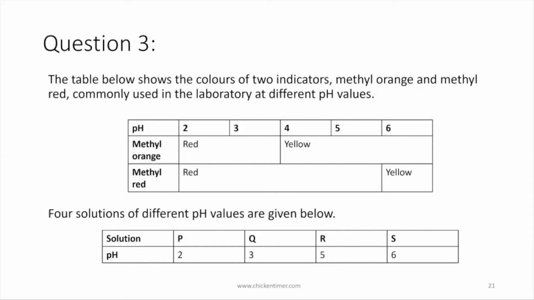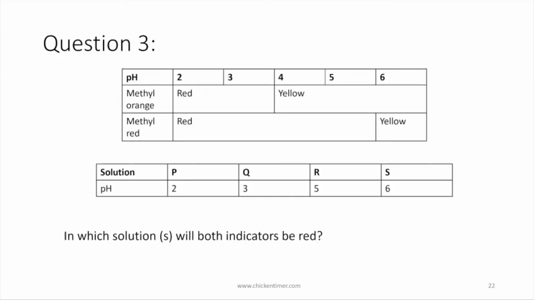Then 4, 5, 6 is yellow. So methyl red is red at 2, 3, 4, 5, and then 6 is yellow. So you have these two solutions. Then the question is, in which solution will both indicators be red? P and... okay.